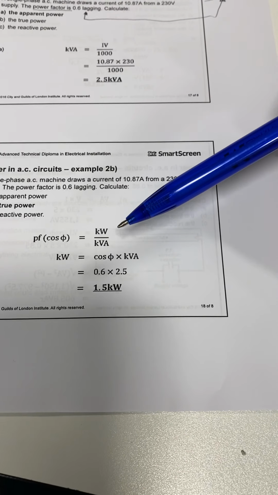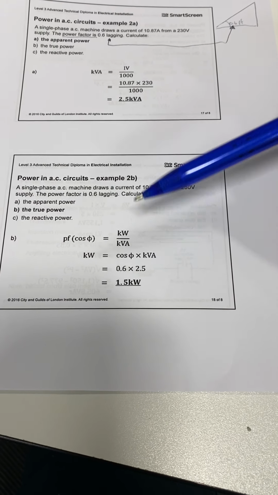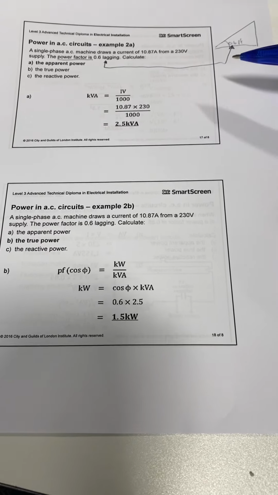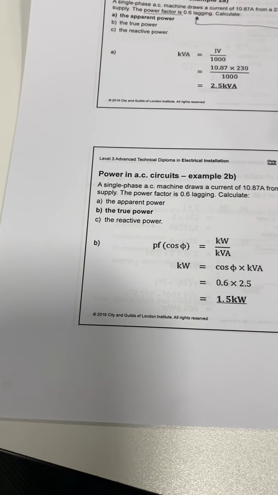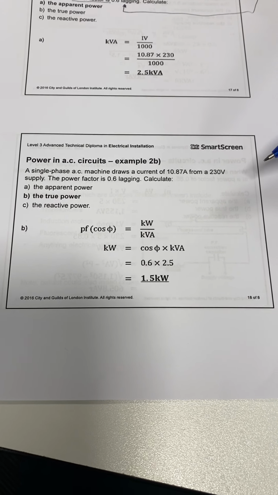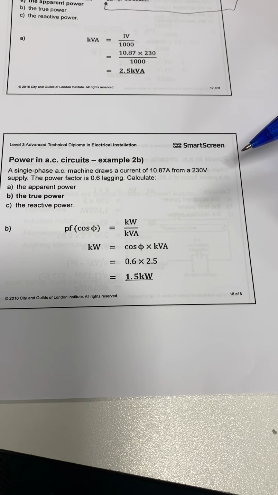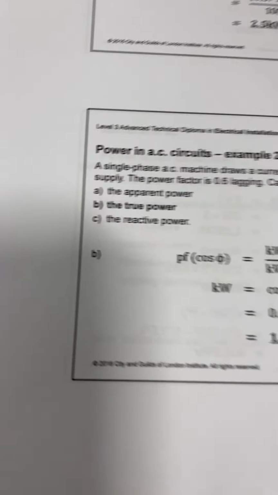You guys go down the wrong line. So if you remember, what are you after? The true power. True power is equal to voltage times current times cosine. Do you remember that when I drew it on the board earlier? So it's my power factor, my cosine, times my voltage times my current, will equal my kilowatts.